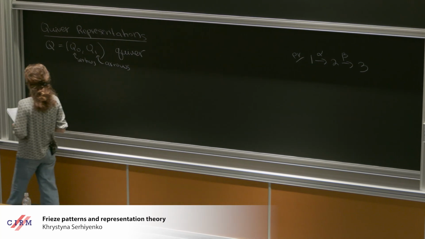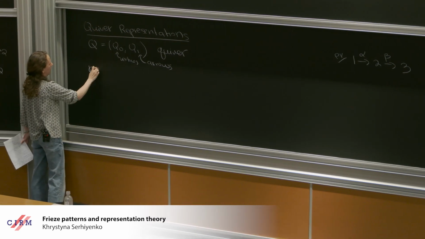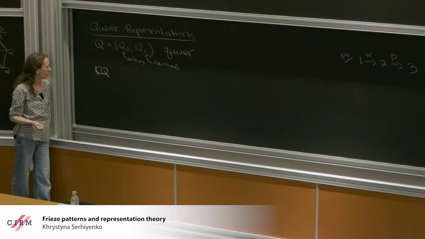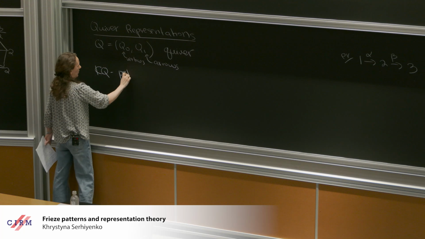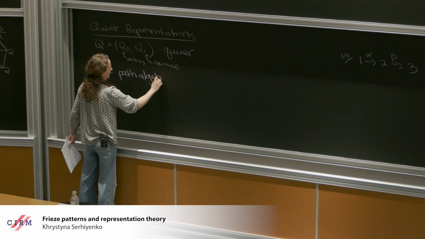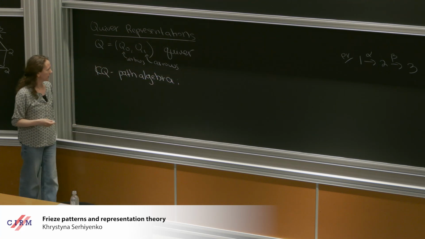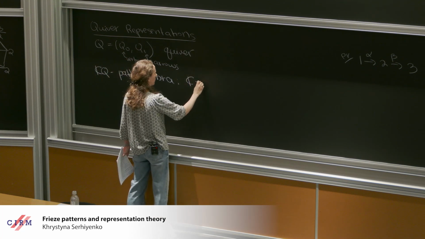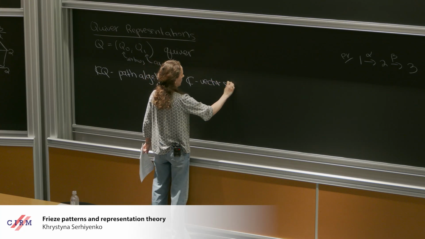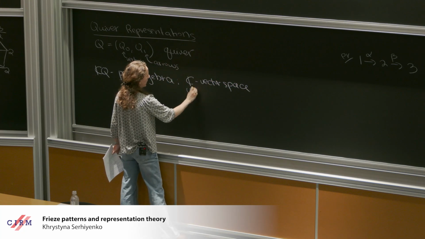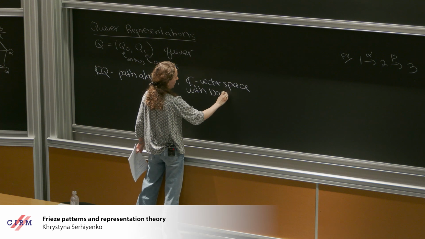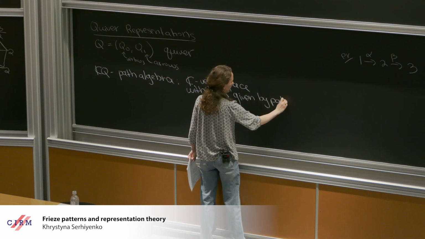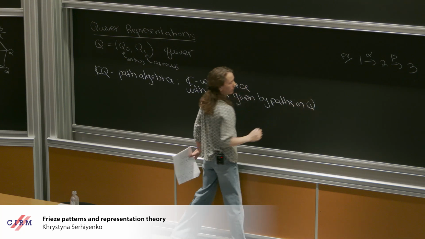Okay, out of here, I want to create a path algebra. And so let's just say path algebra over the complex numbers. So what do I mean by this? It's a vector space over C with basis given by paths in my quiver.